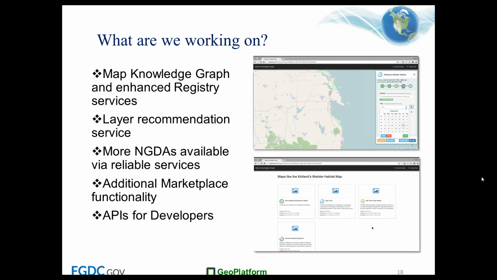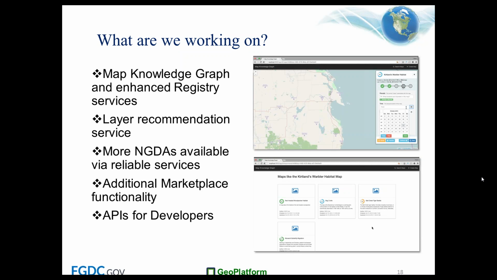One key thing is a concept that we're calling a map knowledge graph. And that's basically if you were to think about a map and the core components of a map, and this is a web map, right? We all can think about the components of a paper map. They're similar. A map has a legend, a map has attributes, a map has a purpose.